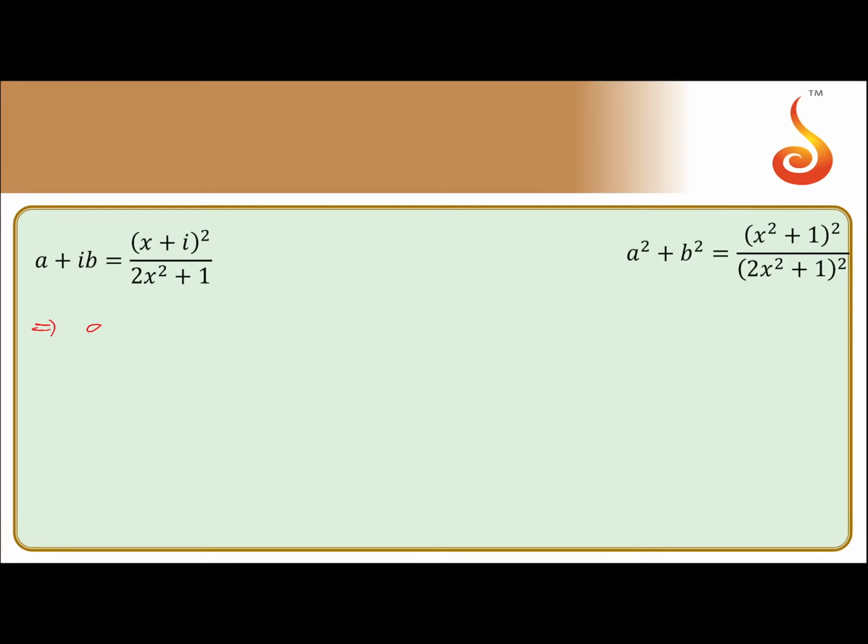This can be written as a + ib = (x + i)² divided by (2x² + 1) + i·0.